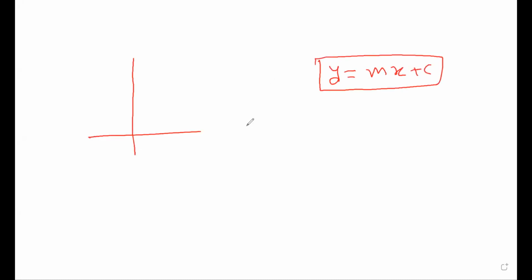For example, if you have a function y equal to mx, we are using this in a general form. If your x is here and we have our y there, you know that the relationship between x and y will take the form of a straight line, isn't it?